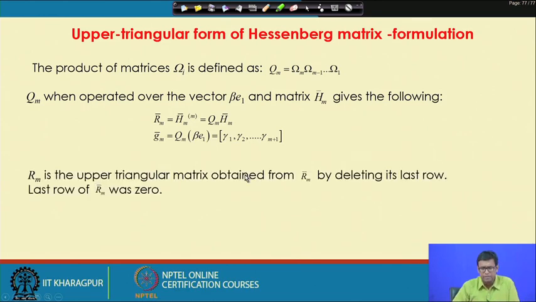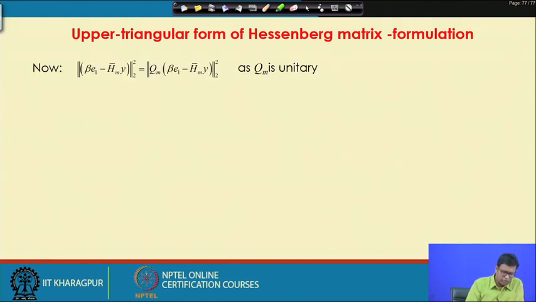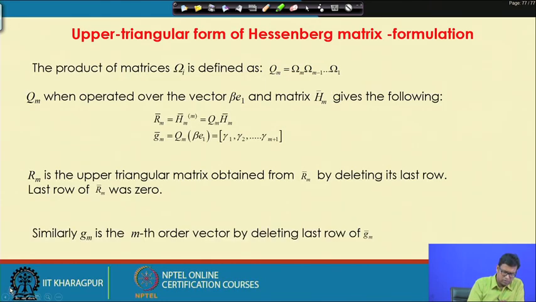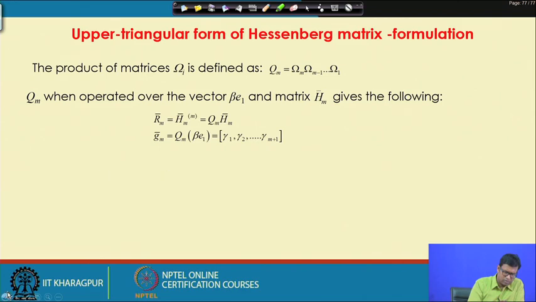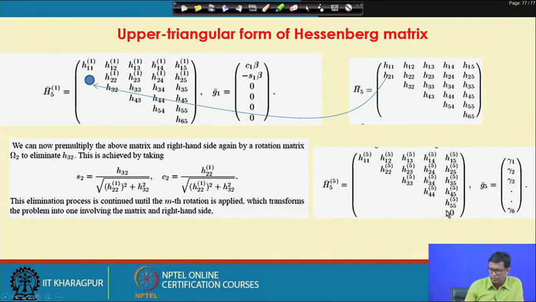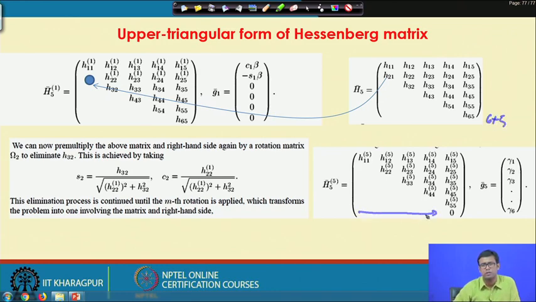The R m is the upper triangular matrix obtained from R m bar by deleting the last row, since the last row is 0. So, if we look into the last row of this 6 by 5 matrix, the last row is completely 0.